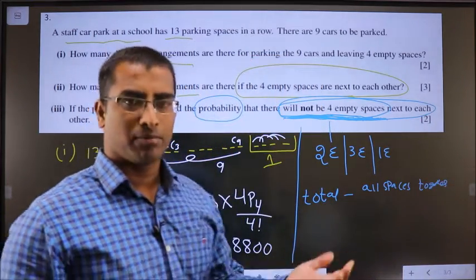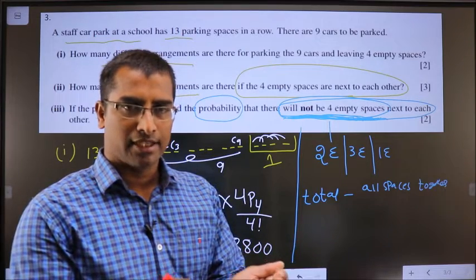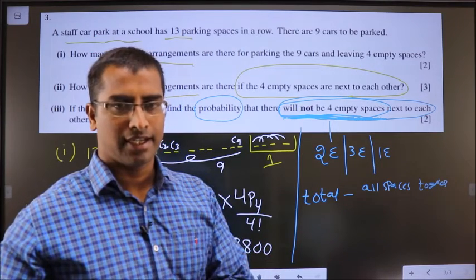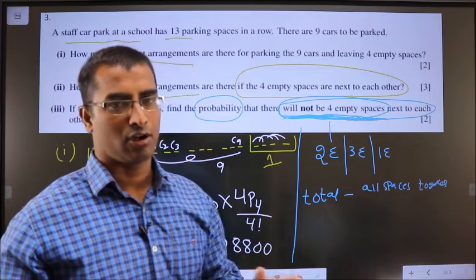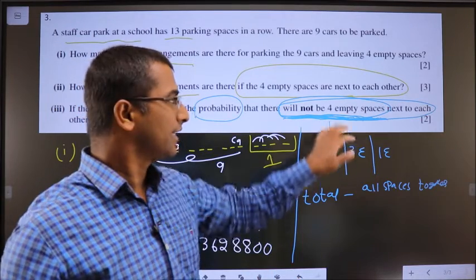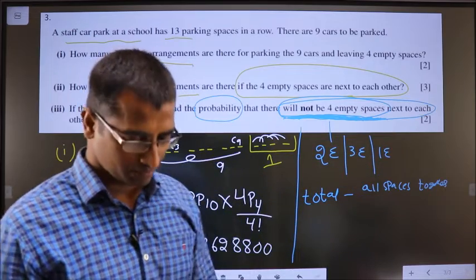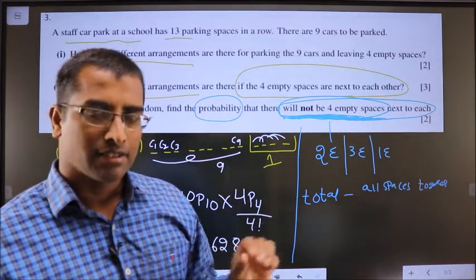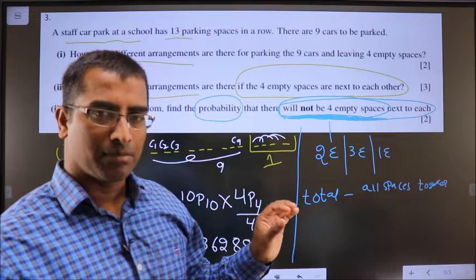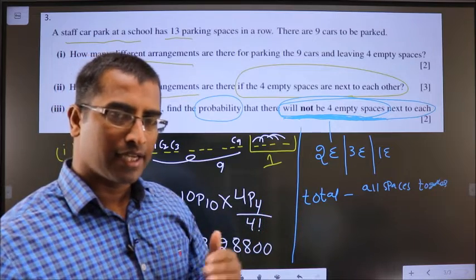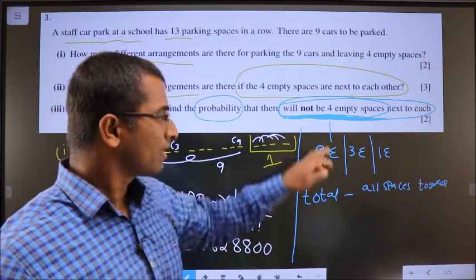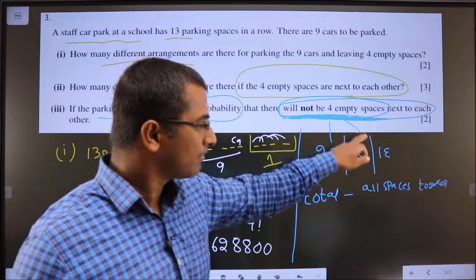From the total, if I remove all empty spaces together, that will automatically result in when the 4 empty spaces are not all together. That will result in will not be 4 empty spaces next to each other. Understand this? From the total, if I remove when they are together, that will give me the answer. From the total, opposite of this statement.